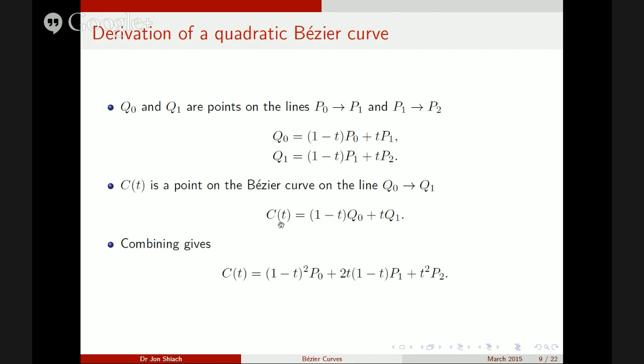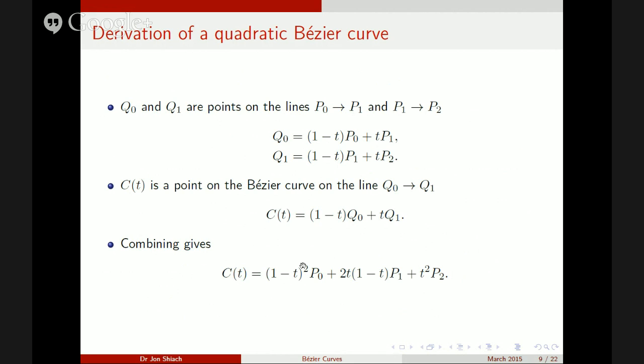So therefore, C(t) would equal (1 minus t)Q0 plus tQ1. Well, Q0 and Q1 are given up here. So if I substitute these two into this equation, I get this. Okay, so this is a quadratic polynomial function of t.